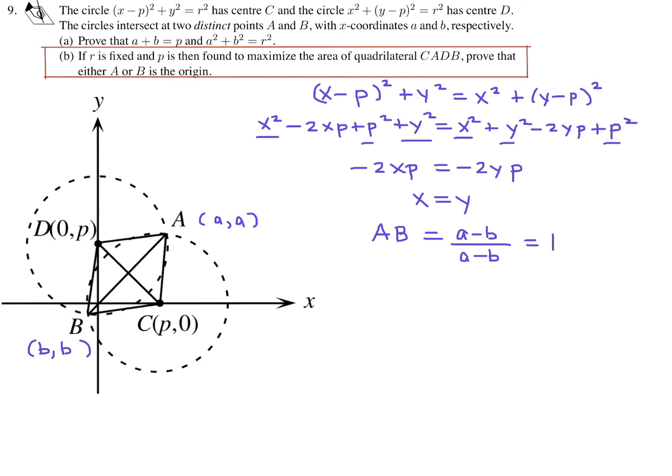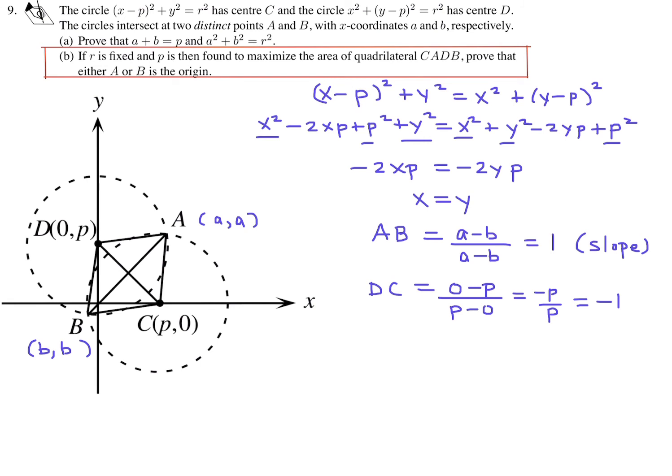Okay, that was pretty straightforward. Now let's figure out the slope of this guy right here, DC. Okay, the slope of DC, rise over run, so 0 minus P, and then P minus 0. So that's minus P over P, and that's negative 1.